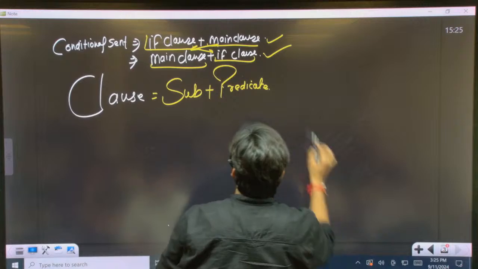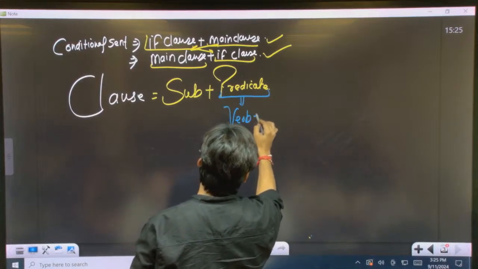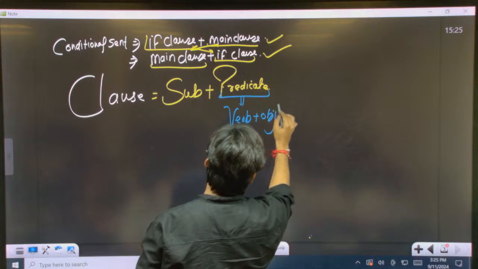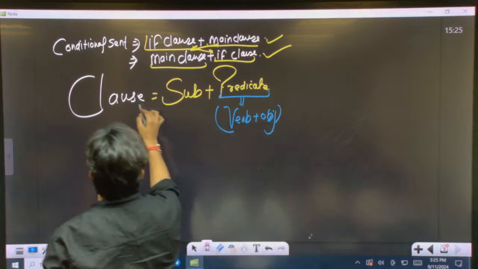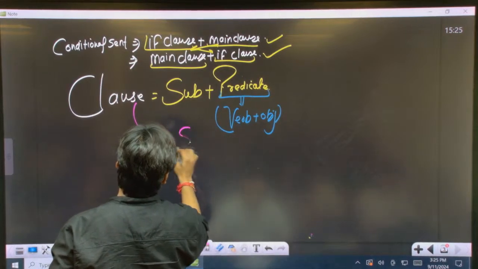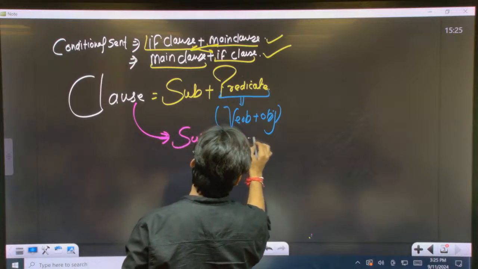Predicate is nothing but the combination of verb plus object. Verb plus object is known as predicate. So we can simply say a clause is nothing but the combination of subject plus verb plus object.